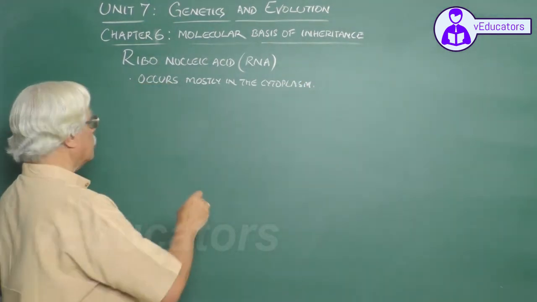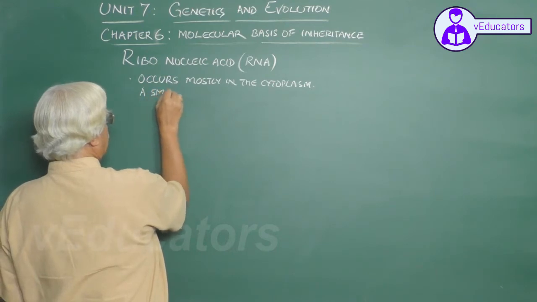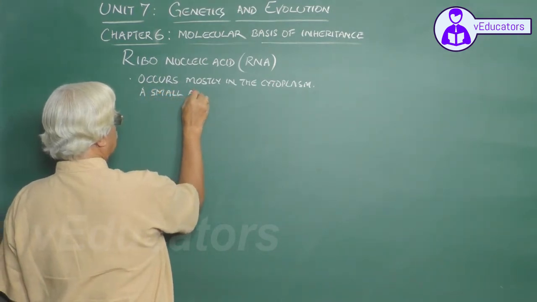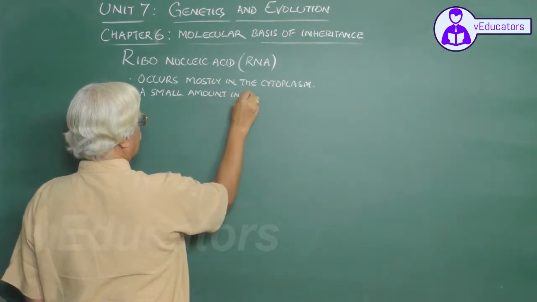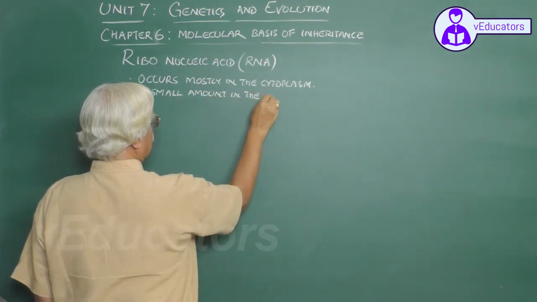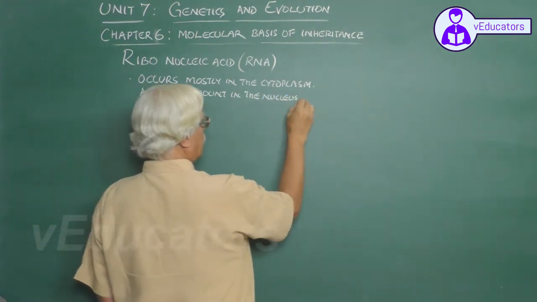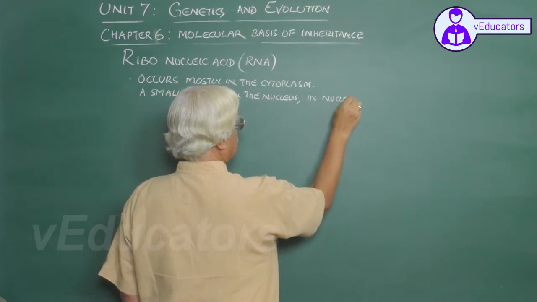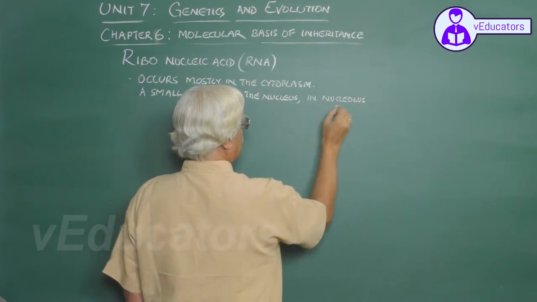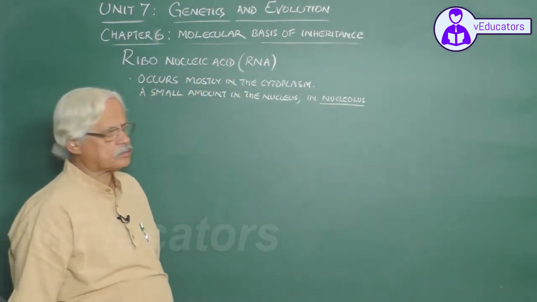Only a small amount is found in the nucleus. And in the nucleus, RNA is found specifically in the structure called nucleolus.